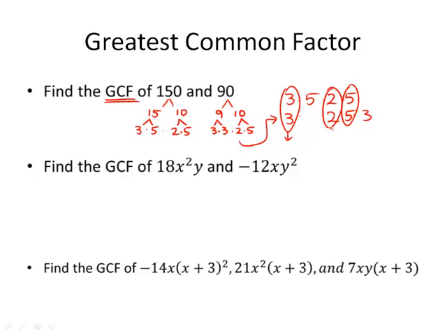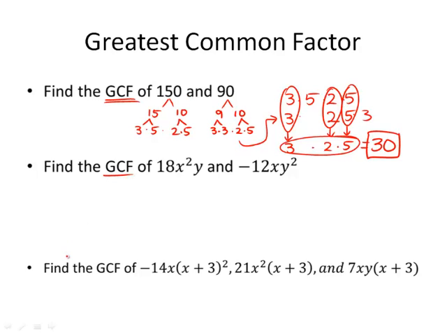Because these are prime factors, we can consider them all together. 3 times 2 times 5, any combination of those will divide both 150 and 90. So the biggest possible number we can make out of 3, 2, and 5 in the world of multiplication is 6 times 5, which is 30. Some of you may already know, 30 is the biggest number that divides evenly into 90 and 150. So this is just one way of finding the greatest common factor.